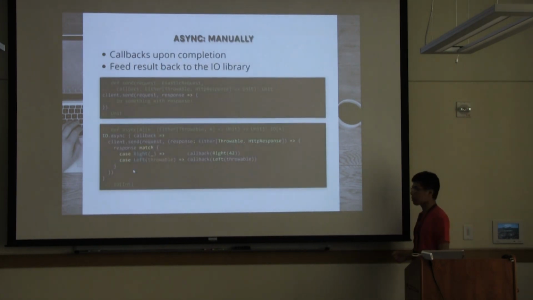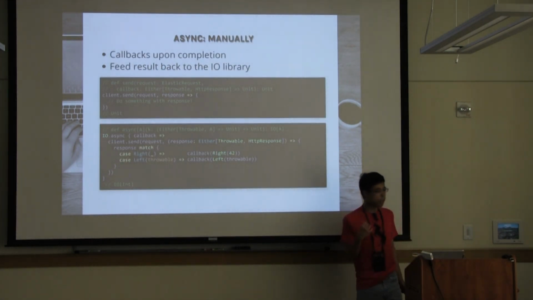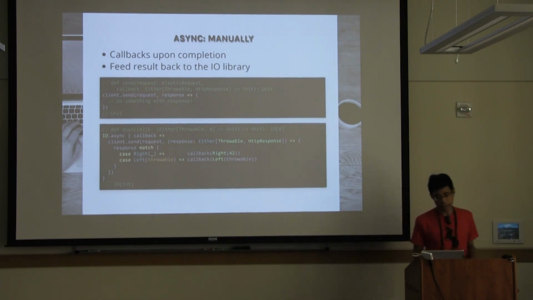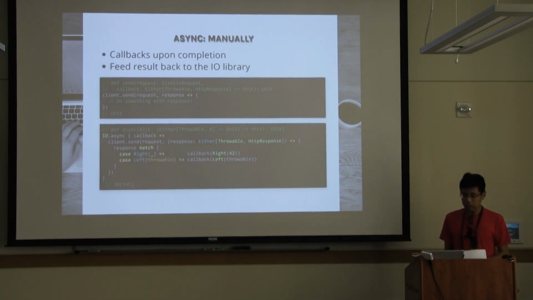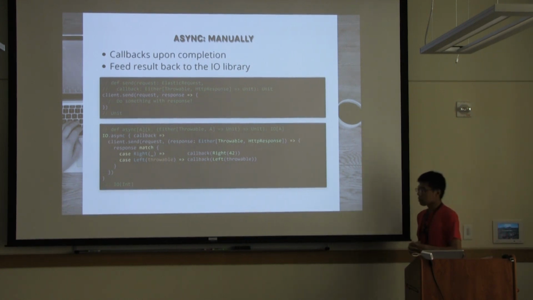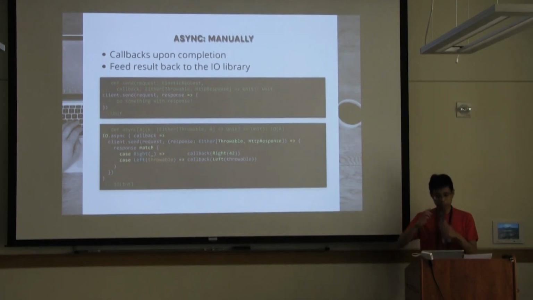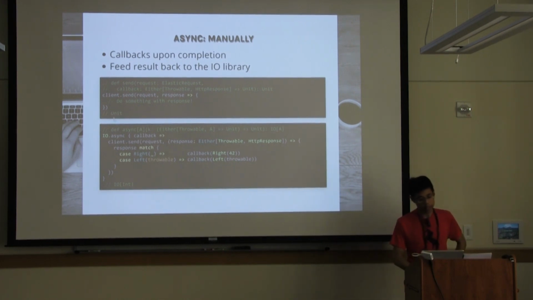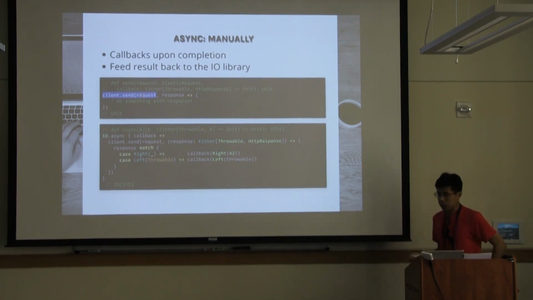Then what about callbacks? Callbacks happen very frequently in legacy code, especially in Java legacy code. In those cases, imagine that you have a legacy client that can send a request over the network.